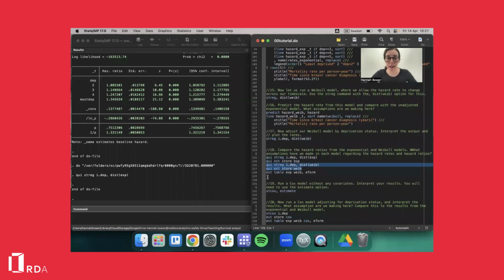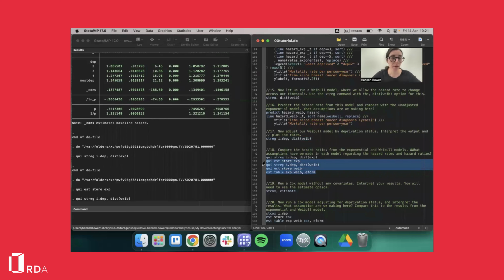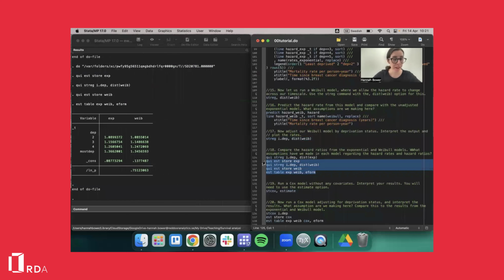And once I do that, then I can use this command called est, or estimates table, and tell it that we want to look at the values that are estimated from the models saved in exp and wibe. And we use the eform option just to exponentiate those, so we get the hazard ratios. So if I run this, we should get some output here. Here we go. And now we can see the direct comparisons between the hazard ratios.